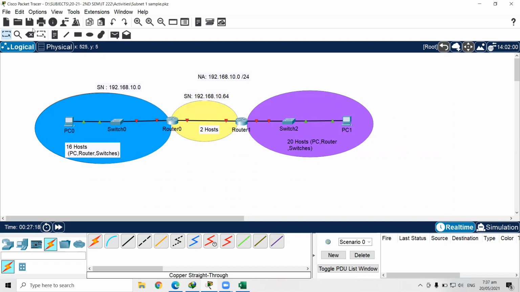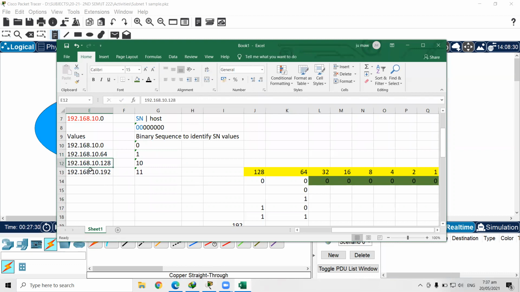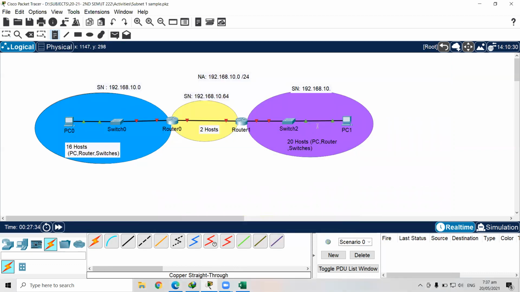Okay. Next subnet is 192.168.10. Anong next? 128. Pwede naman ito yung gamitin mo. Depende na sa'yo. Okay. Ayan. So, may mga subnets ka na.